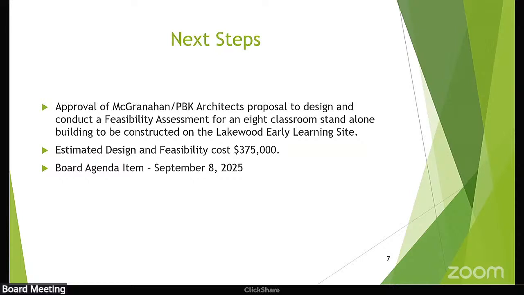If you're not familiar, the state has parameters on size of projects and what architects and engineers can charge for professional fees. On lower projects they have a little more flexibility, but this is in alignment with that standard.